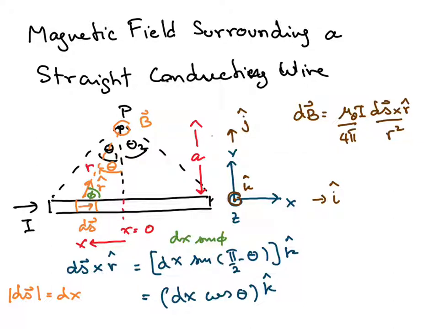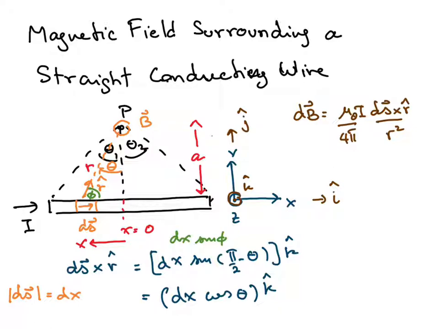This is the magnitude of ds cross r, and for the direction of ds cross r, we can use the right hand rule. If you point your forefinger in the direction of ds and the unit vector r points out from your palm, you can see that the direction of ds cross r is the direction of your thumb, which points out of the paper or of the screen.